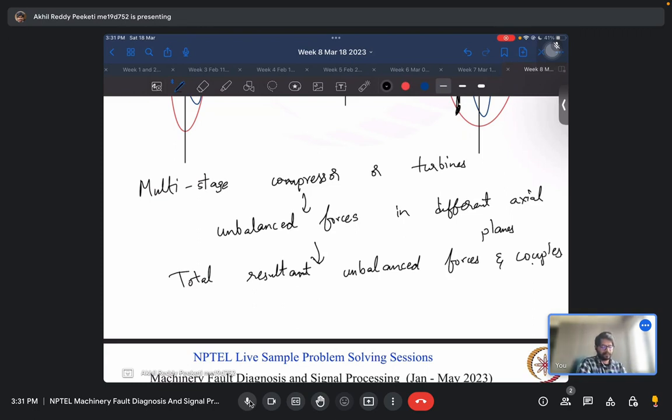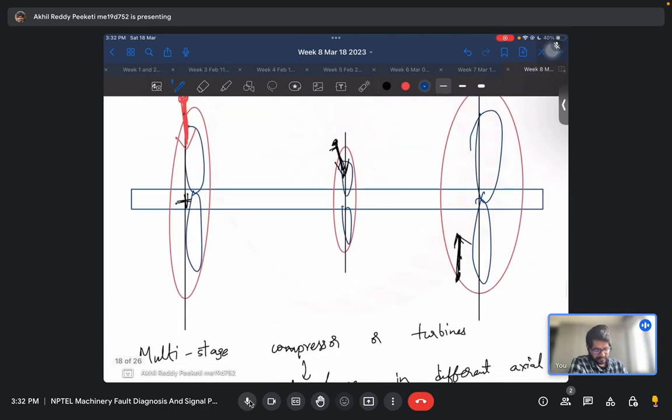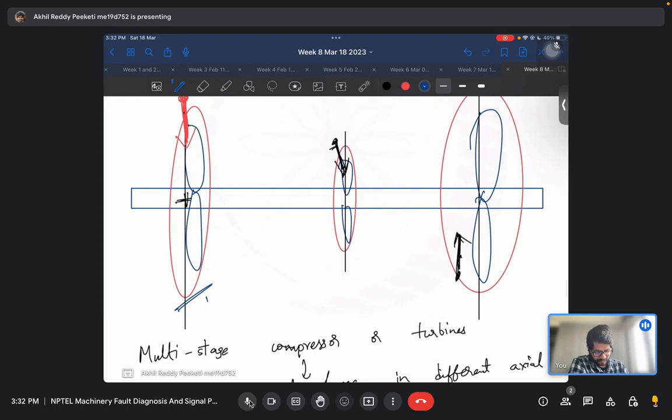Okay. Now these unbalanced forces and couples you need to balance under each plane. So the technique used is you balance in each plane. So balancing here, again balancing in this, and again balancing here.